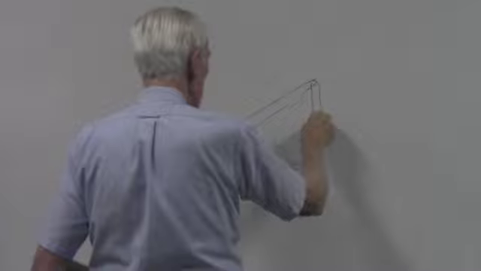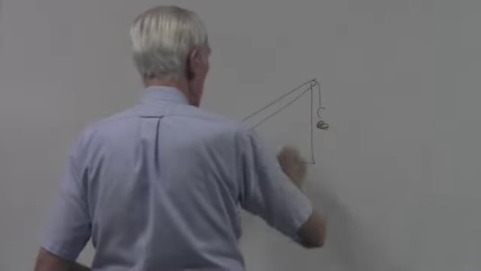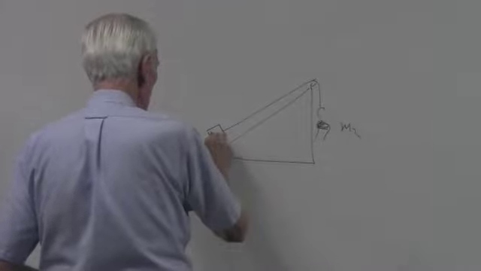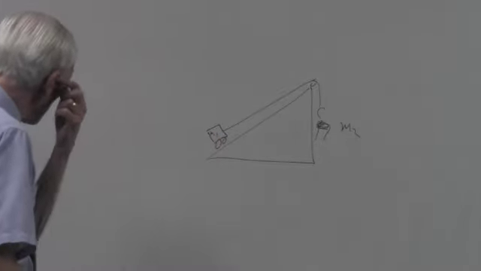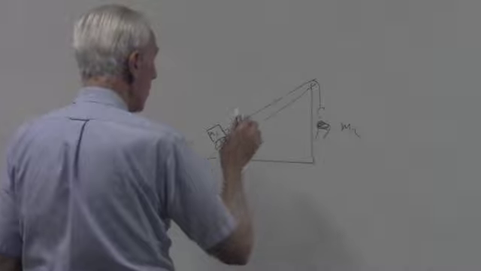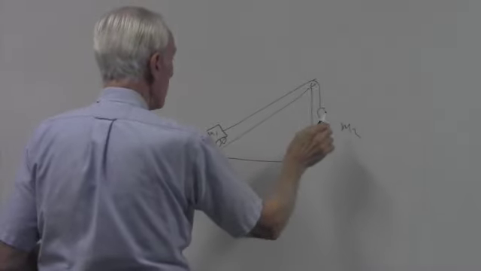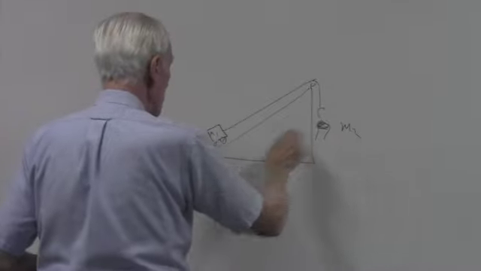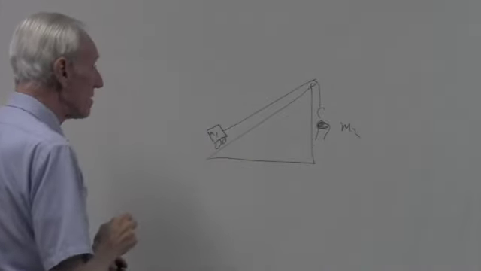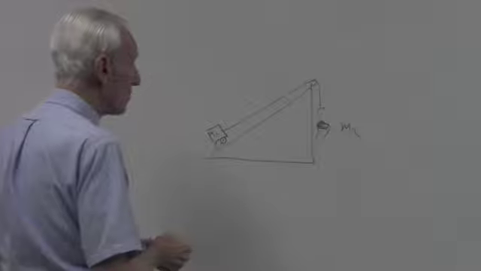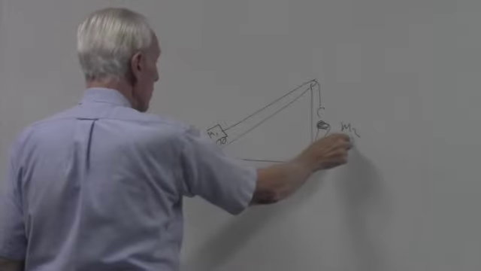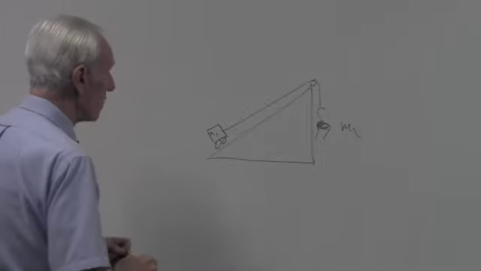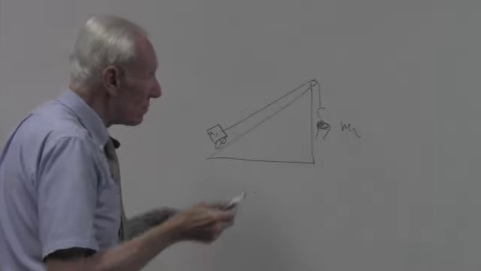Here's mass 2, this is mass 1, and if there were no friction, if this mass here is half of this mass, then the mechanical advantage would be 2. If this mass is 1/5 of what this mass is, to get it to move up the incline, then the mechanical advantage would be 5.